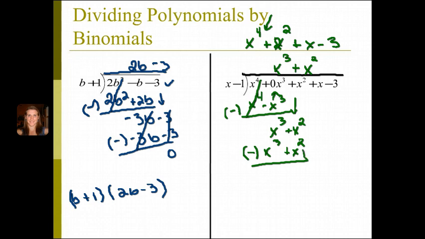And that should be a minus here, because x squared times negative 1 is negative x squared. So our x cubes cancel out, and 1x squared minus negative x squared gives us 2x squared.